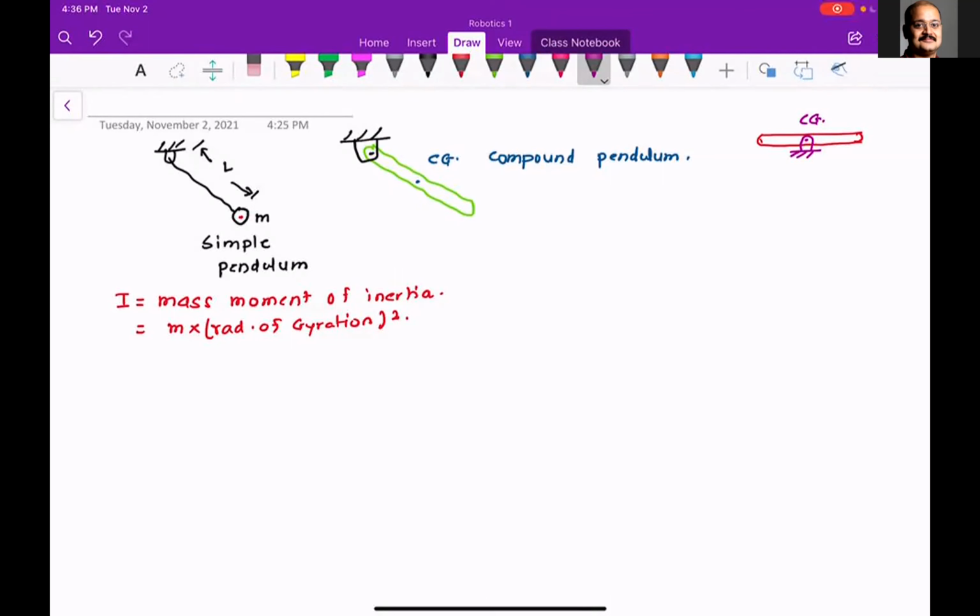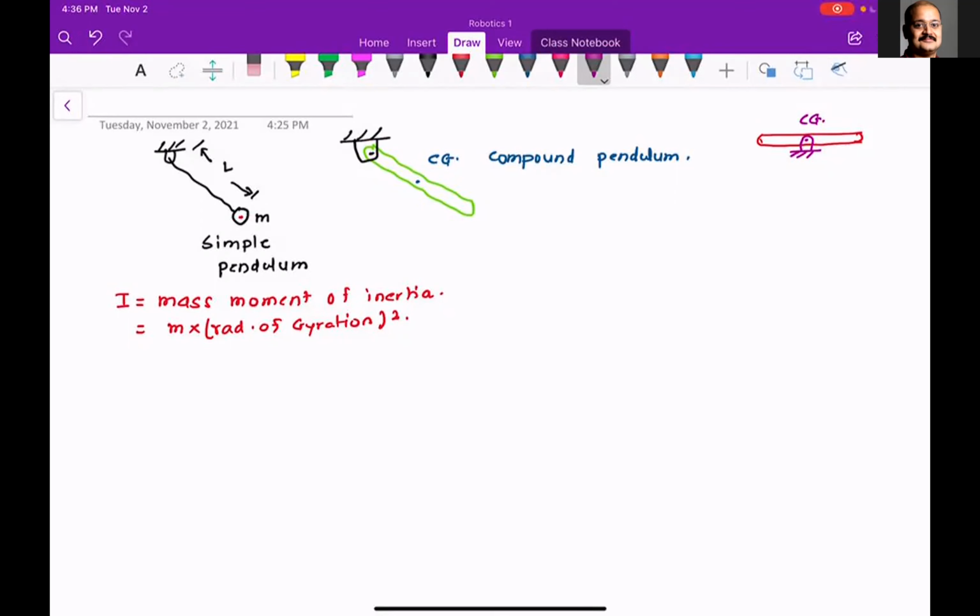And the most important observation here is, even though you stick to the basic definition of mass moment of inertia, which is the mass in kilogram multiplied by radius square, that radius is a function of where the CG is located and where the point of rotation is located.